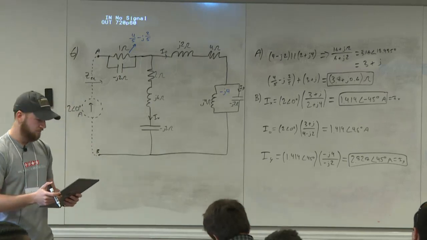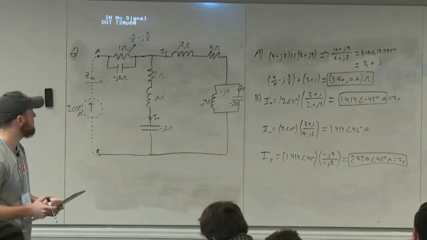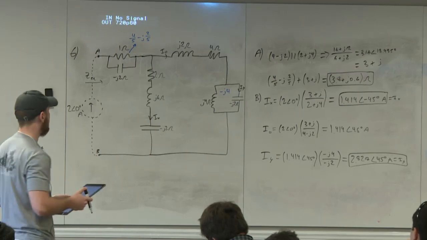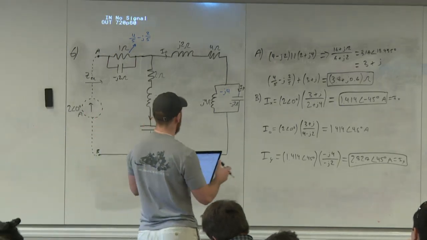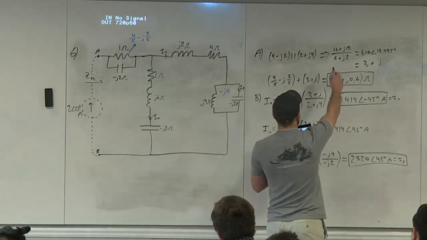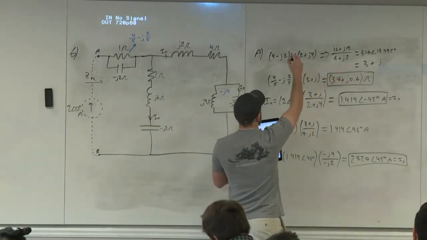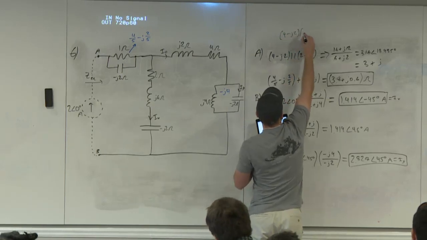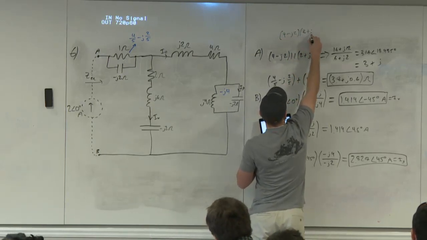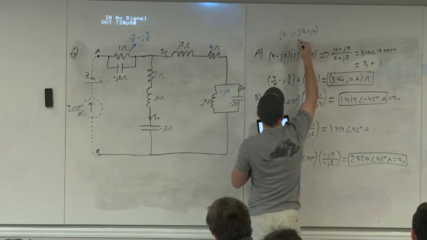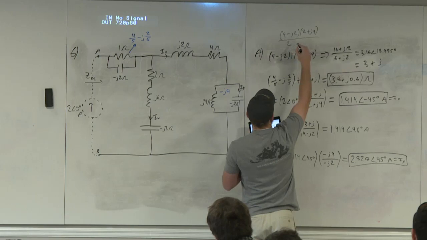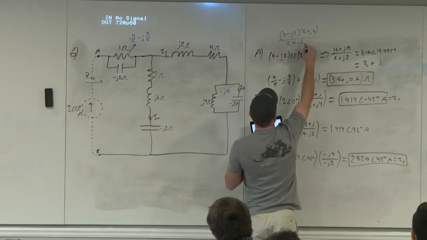Yeah, so when you define the impedance, did you do it by hand or did you put it in your calculator? I did it by hand. I'll just draw out what I did. So this is what you get when you use this formula, 4 minus j2 times 2 plus j4. Sorry, it's really bad. And then you just add them together, so you'll get 2 plus j2.